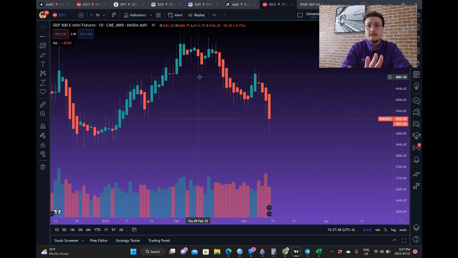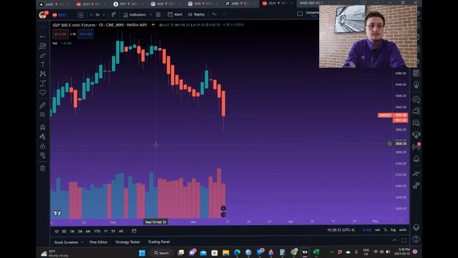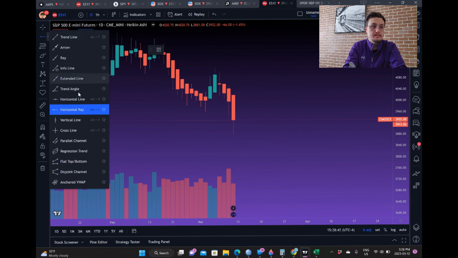That's really important. Okay. So with that said, the easiest and simplest way to identify key support and resistance levels using Heikin-Ashi is by just identifying the starts of uptrends and downtrends and plotting them out. So you see right here, we have two flat bottom bullish candles. So what you're going to do is take your trend line tool.